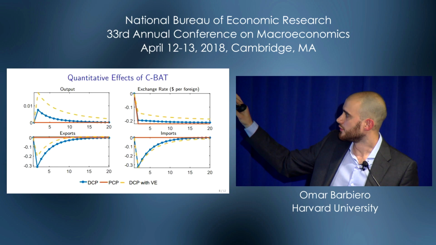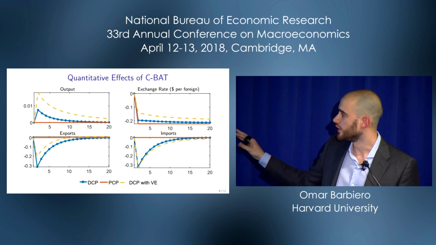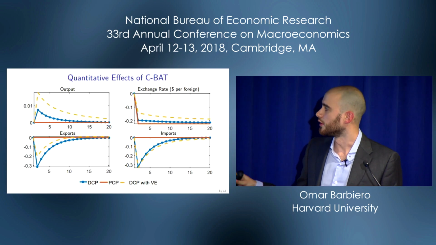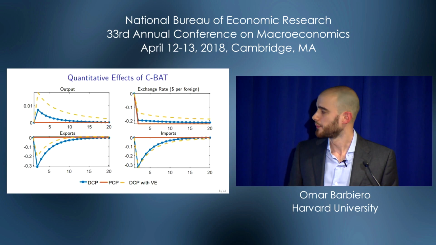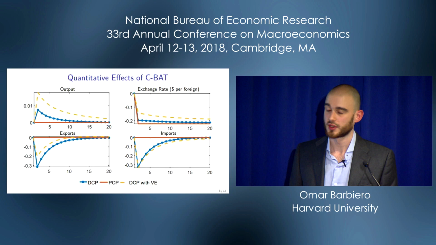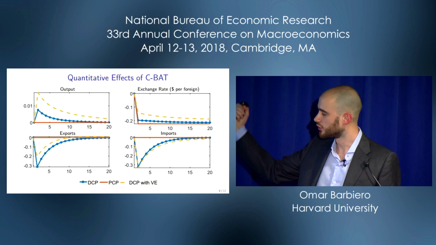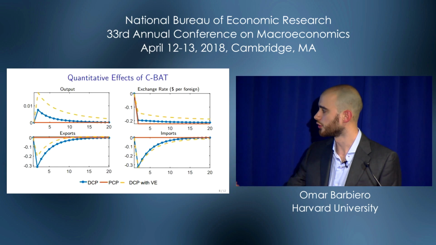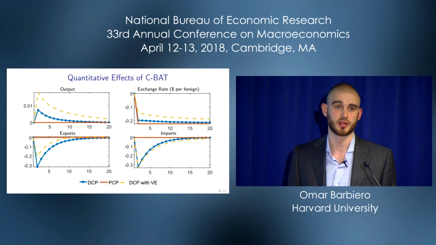The dollar appreciation in equilibrium is still close to 20%. But imports and exports behave differently. In the case of imports, this dollar appreciation cannot pass through US prices right away.